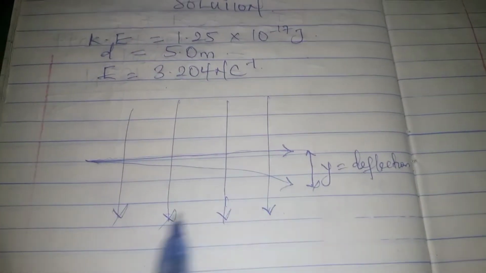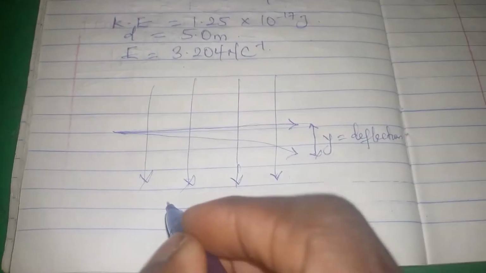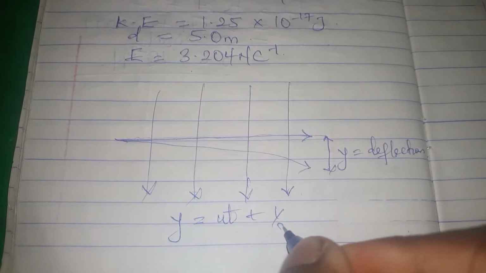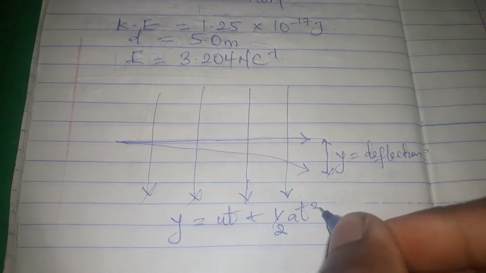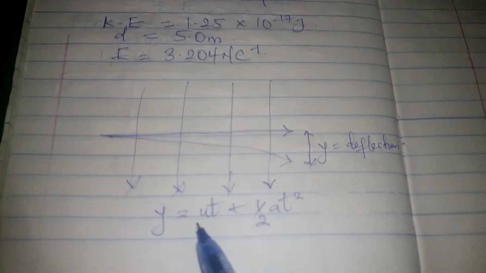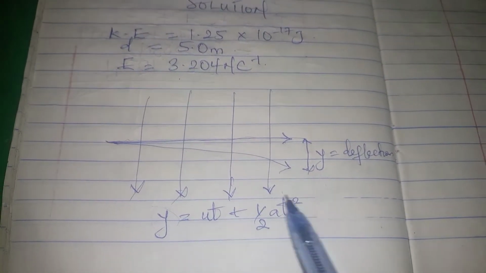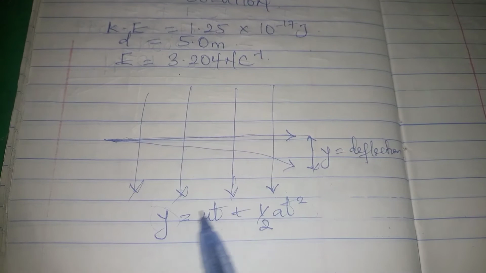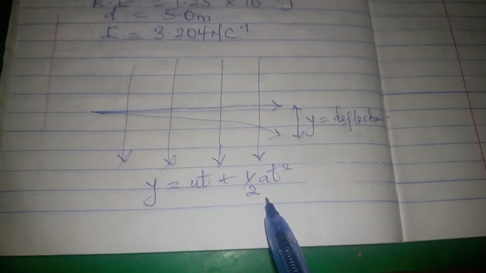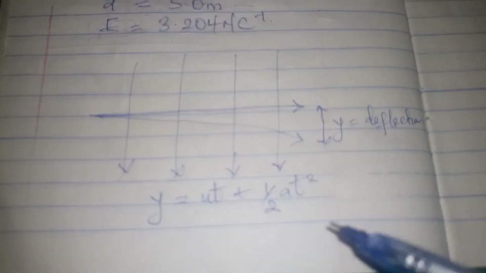So just like similar to projectile motion, we can start by saying Y is equal to ut plus half at square. Where did I get this formula from? Formula for distance. Y is a form of distance, so ut plus half at square. So this is one of the effective projectile motion formulas. So there we can use the interrelation of formulas in physics.